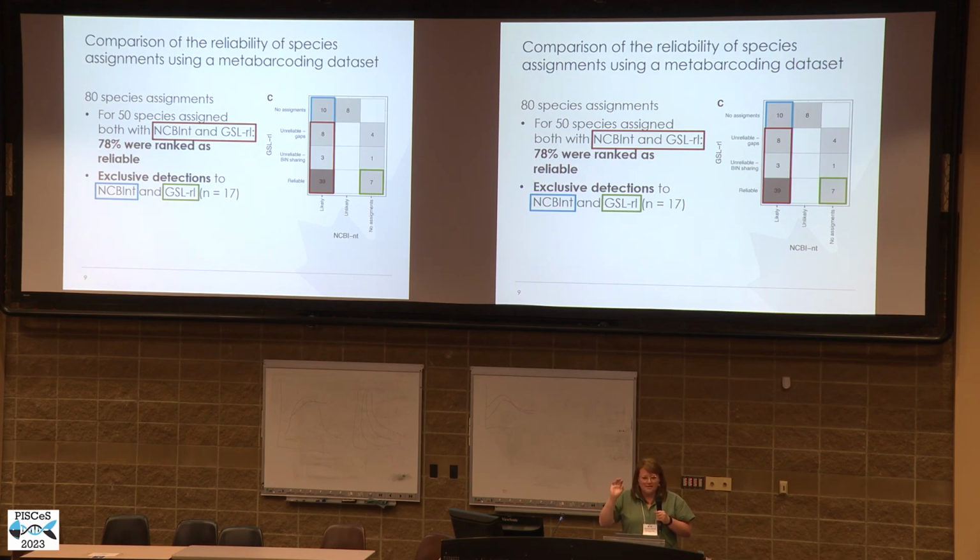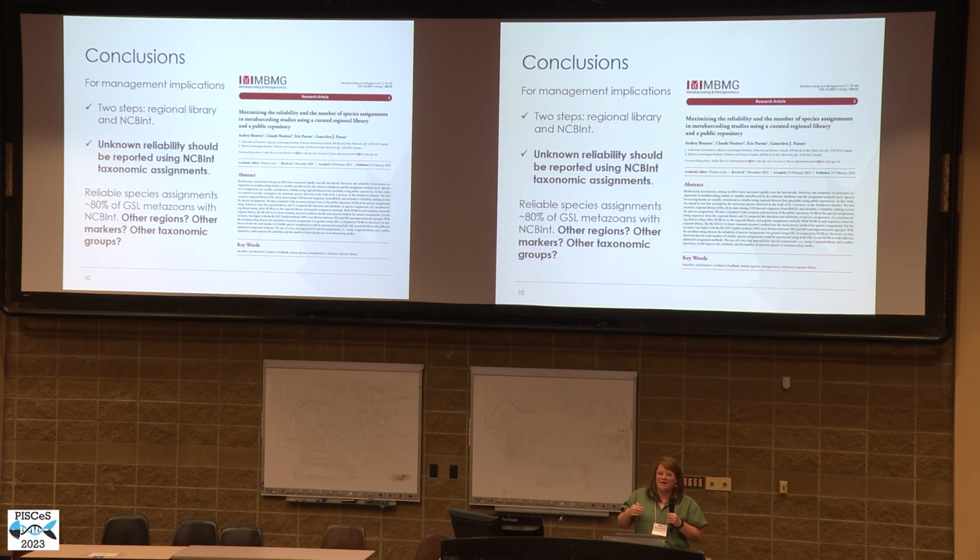So this showed that both assignment approaches provided more answers for our metabarcoding dataset for CO1. So we ended up, at least for CO1, saying that we should use a two-step approach for species assignment.